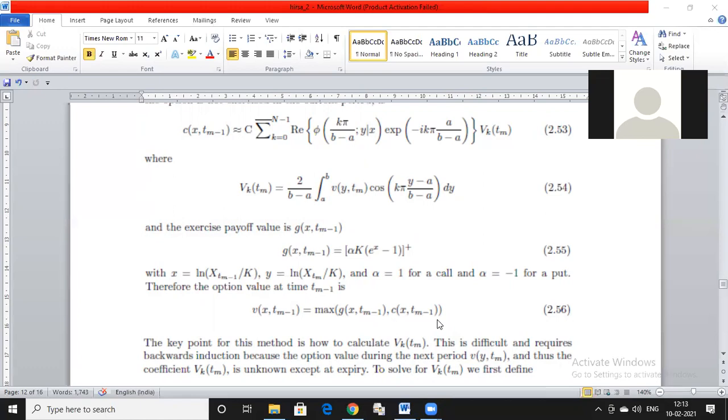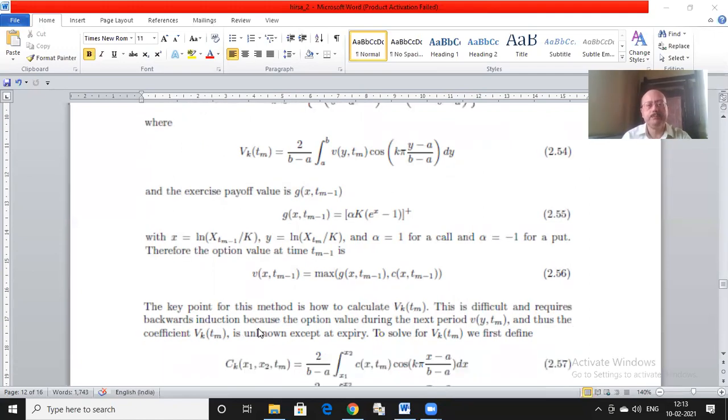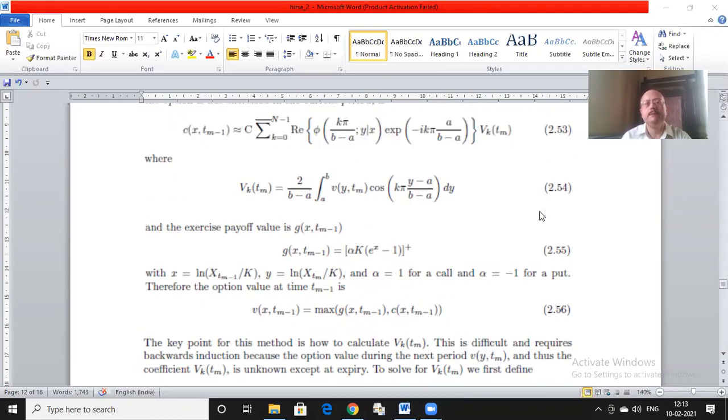Yeah. But there are some problems with the expressions that you should be able to identify now, and I will correct them. But this is what happens. So the key point for this method is then computationally how to get hold of VKTM. And VKTM is difficult. Why is VKTM difficult?